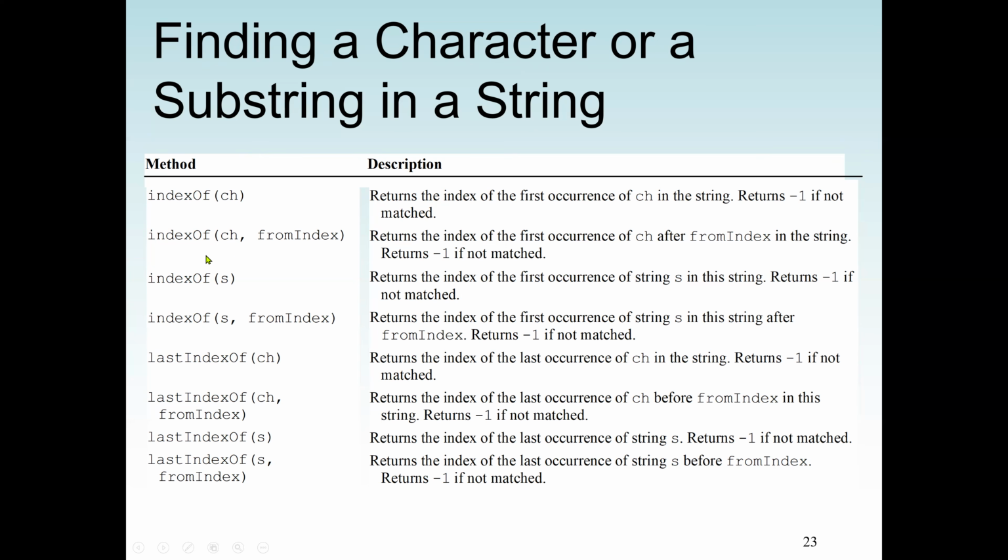We also have indexOf(ch, fromIndex). Here ch will be the character. This will return the index of the first occurrence of ch, but after fromIndex. So I have "good" again, and we are looking for O, but after index 4, it means we don't have any O, because O appears only at index 1 and 2.